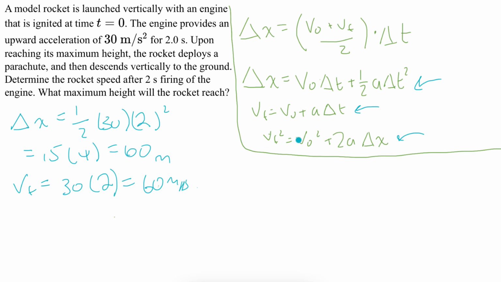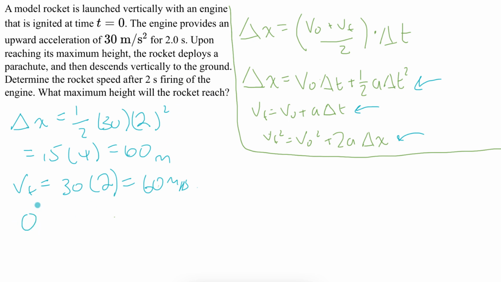And that's the speed it will have to plug into this equation to figure out the displacement after it stops accelerating. So now we know that the final velocity is going to be 0 when it's at its maximum height.